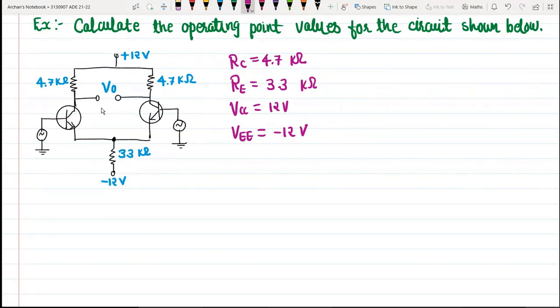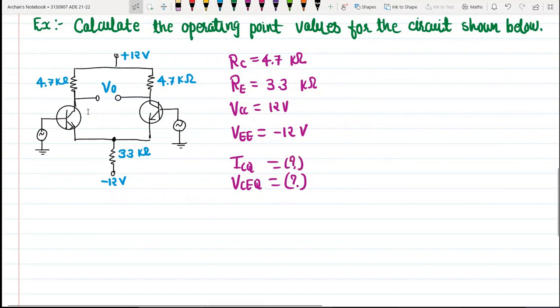So we need to calculate the operating point values. What do you mean by operating point values? We have to find out the value of current ICQ and voltage VCEQ. Okay, so this will be our operating points.